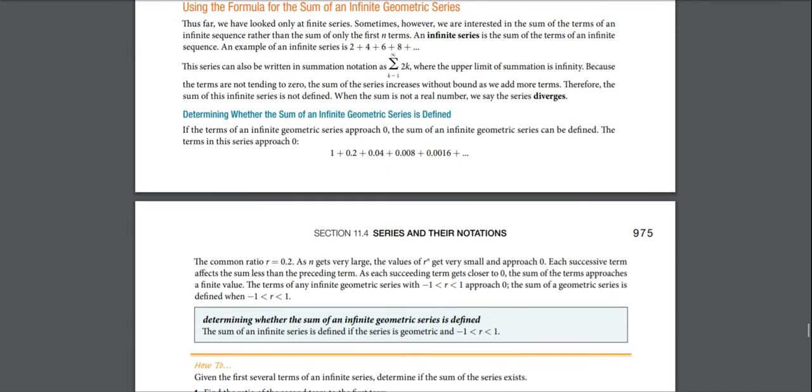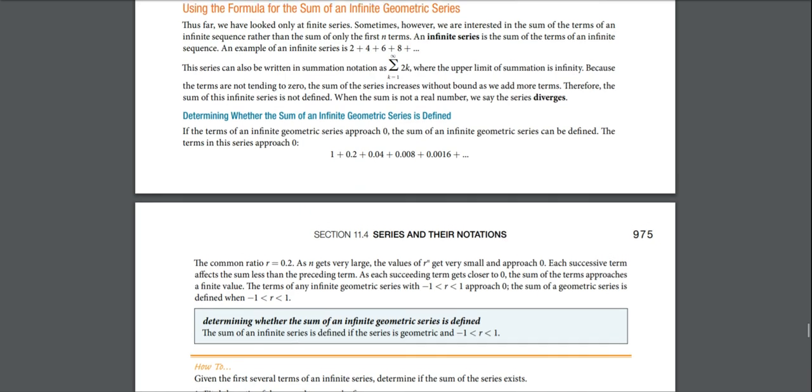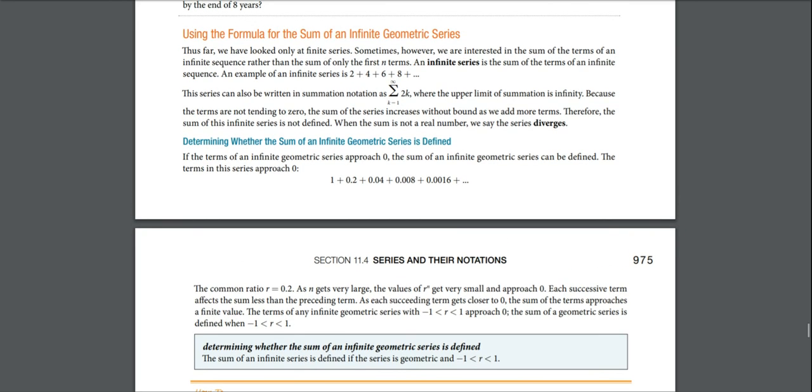actual summation for this, and that is because the number is getting smaller and smaller and smaller, right? If R is between -1 and 1, and I'm multiplying something by that each time, my number is going to be getting smaller and smaller. So it's going to what we call converge, right? It's going to converge on a specific number. In all other cases, it will diverge.